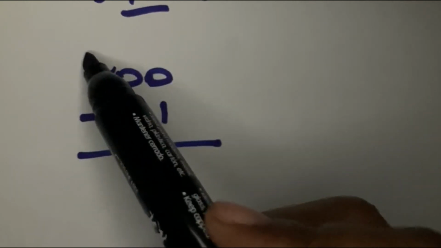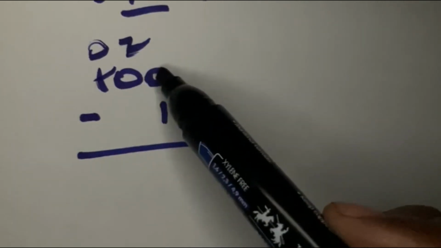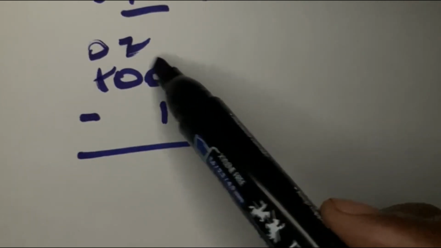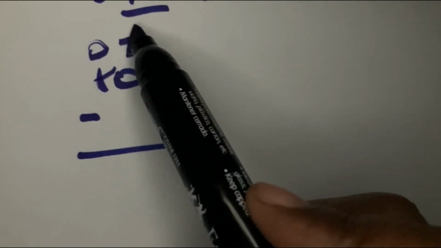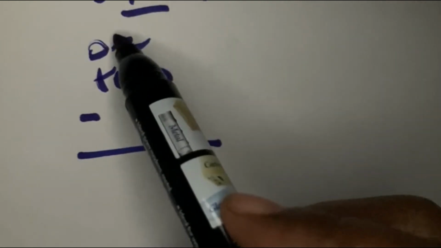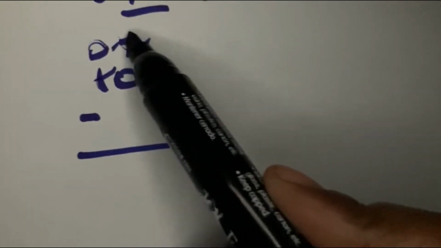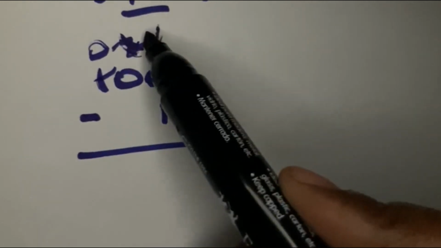So 1 can lend to this 0, so this can be 0 and this can be 2. Again, this one can lend to this 0, so this changes into 1, and this will be 2. Okay, this will be 1.